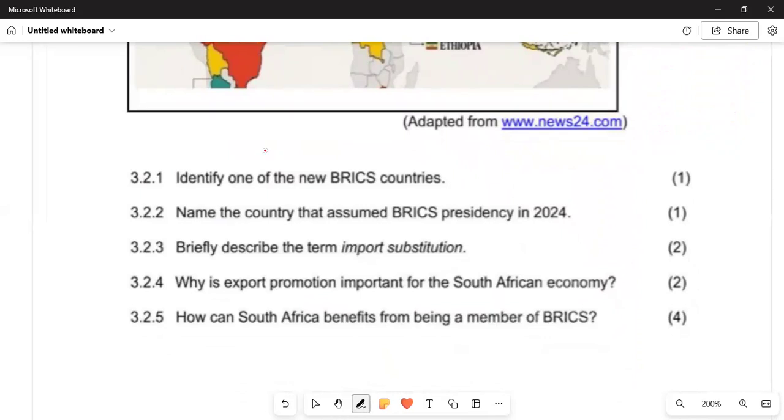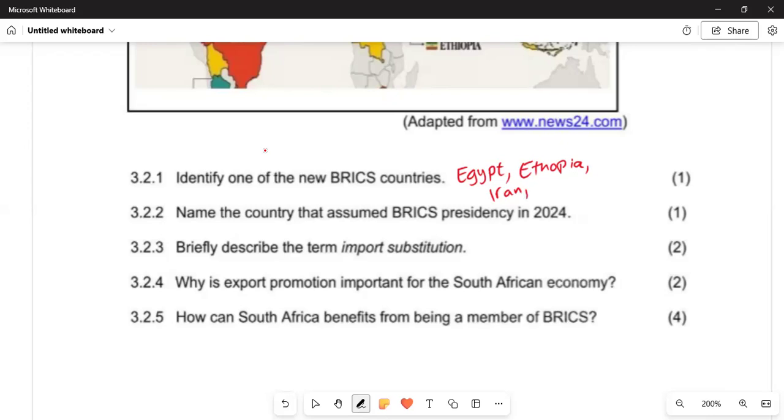So that is 3.21. You can talk about Egypt as one of them. You can also see Ethiopia is one of the BRICS countries. You can even see Iran as one of those.